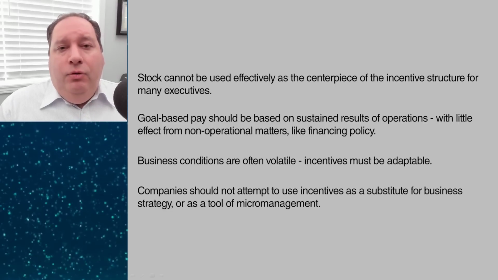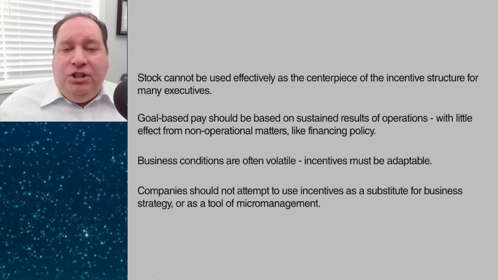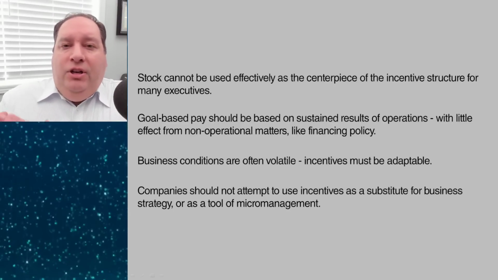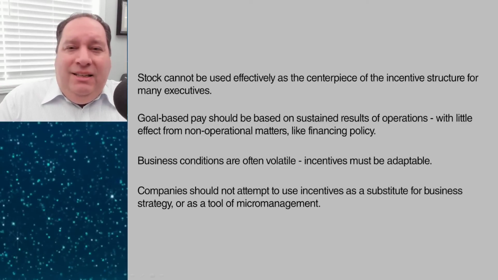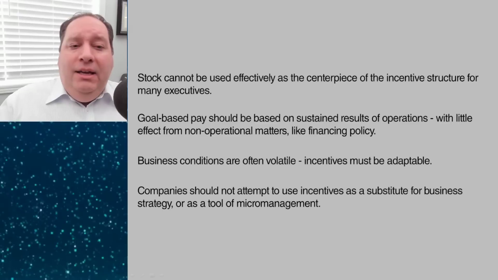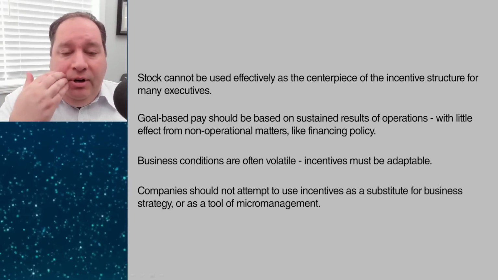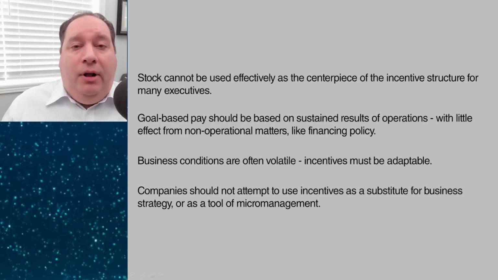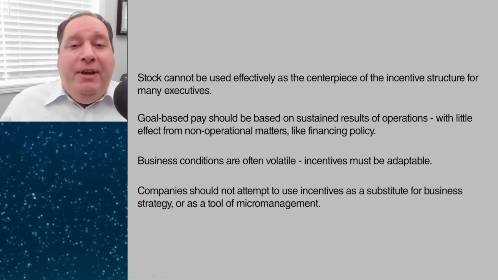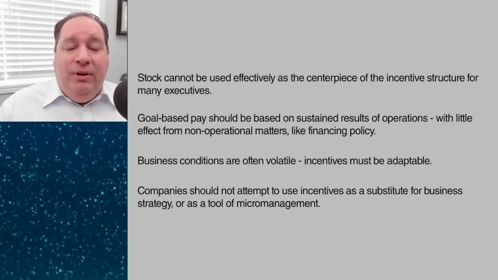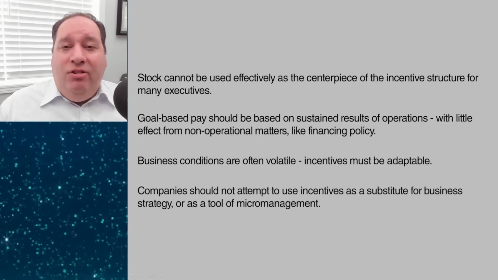If your departmentation is by function, with an accounting division, a sales division, and an operations division, that makes it very, very hard to do this. So it does require you to look at how your company is structured. Business conditions are often volatile. We know this. Incentives must be adaptable. This is something that a lot of compensation committees don't seem to take into account, at least not as well as they should.